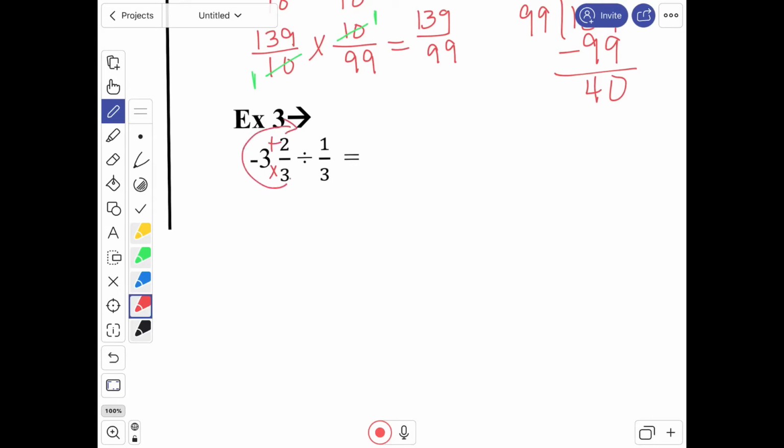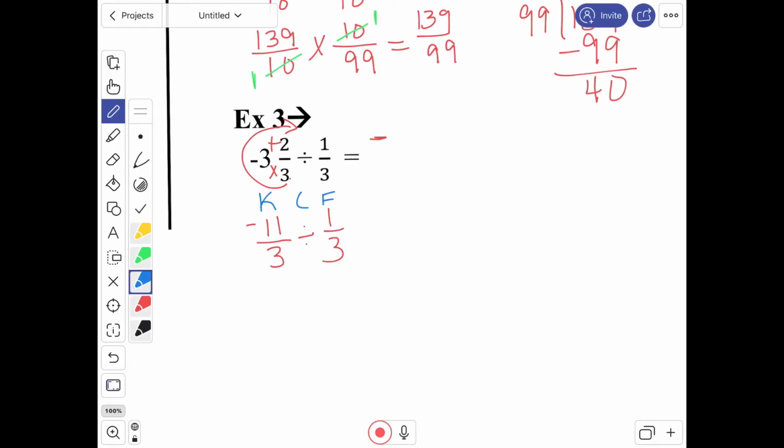Example 3. Again, I have a mixed number I need to do around the world. So 3 times 3 is 9. 9 plus 2 makes 11 over 3 divided by 1/3. I have a negative divided by a positive, so my answer is going to be negative.